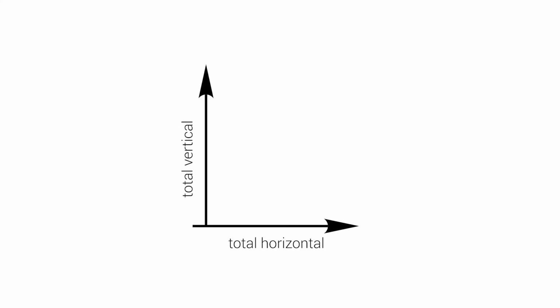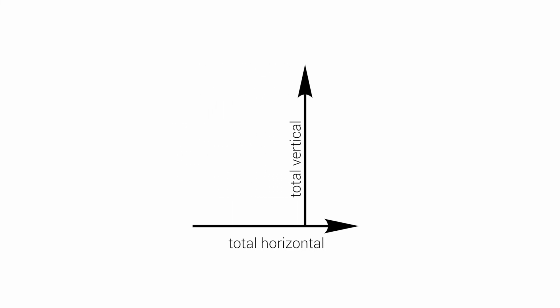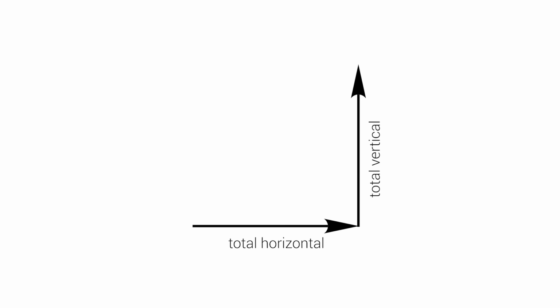Once I have the total horizontal value and the total vertical value, then I can combine those again and find my total resultant, which is a combination of all the resultants. And then using the total horizontal and vertical value and the resultant, I can then find the angle of this overall resultant, basically the direction in which it will be acting.